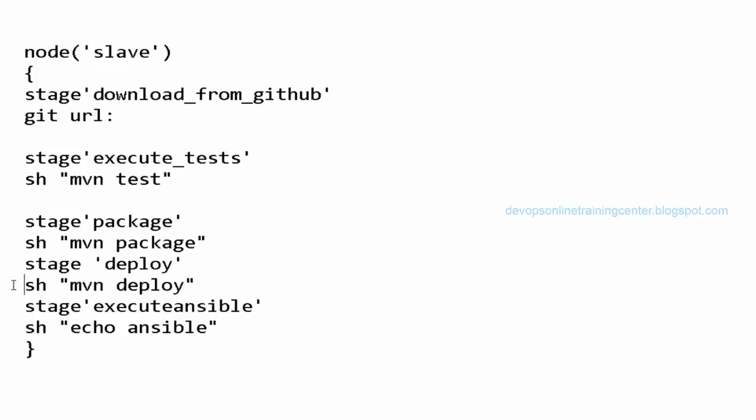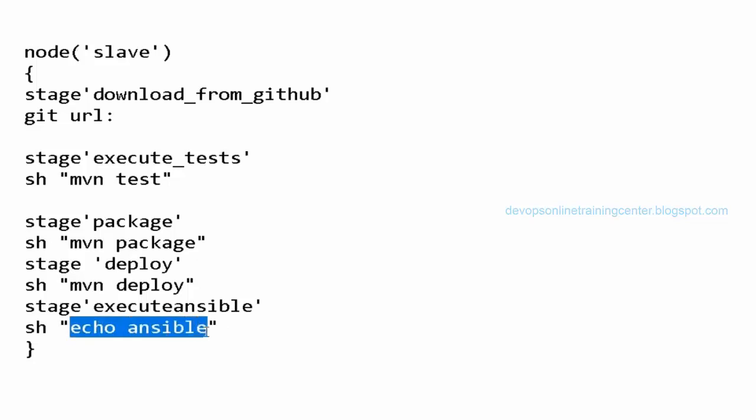If we give some command for this, supporting files should be present. For example, we are using Maven, so Maven should have pom.xml, and that pom.xml should be present in GitHub. It will pick everything from there. And information about Nexus, where it has to store the artifacts, we need to mention in the pom.xml. And execute Ansible.